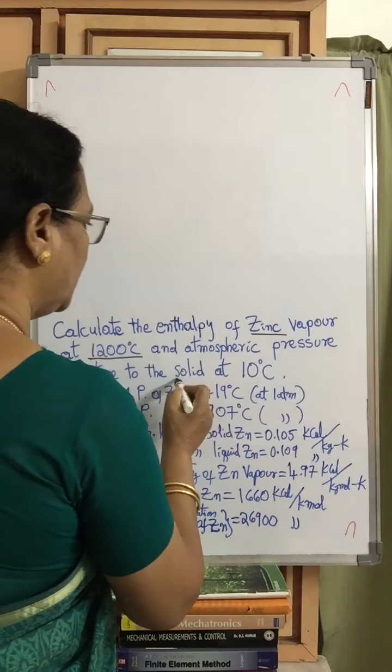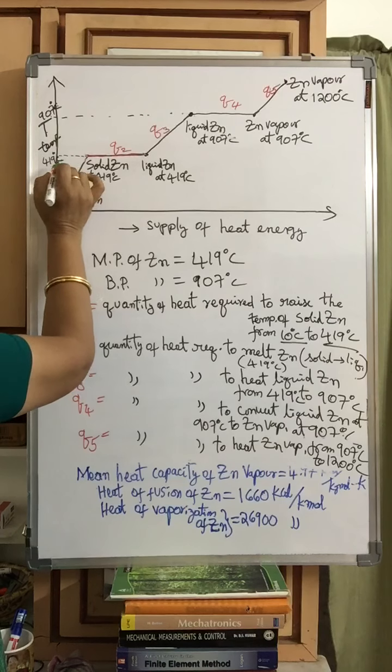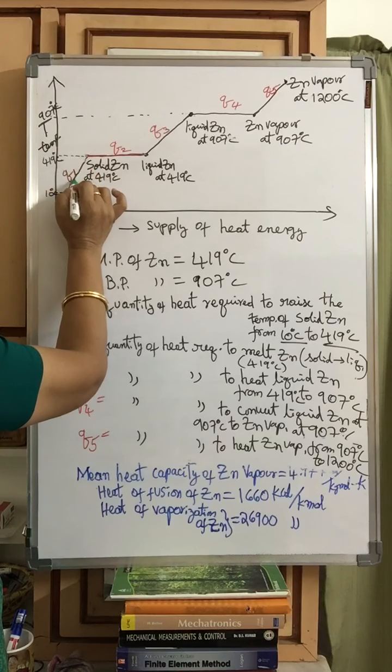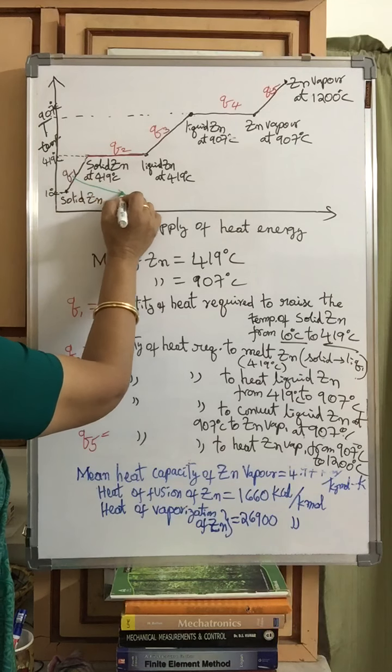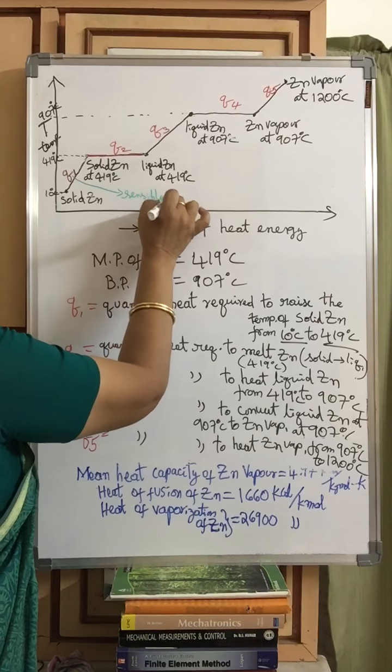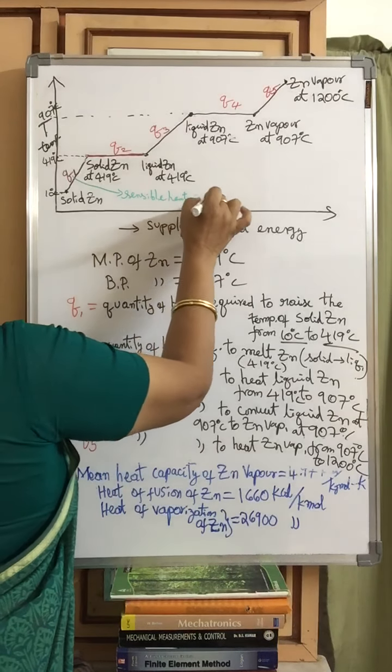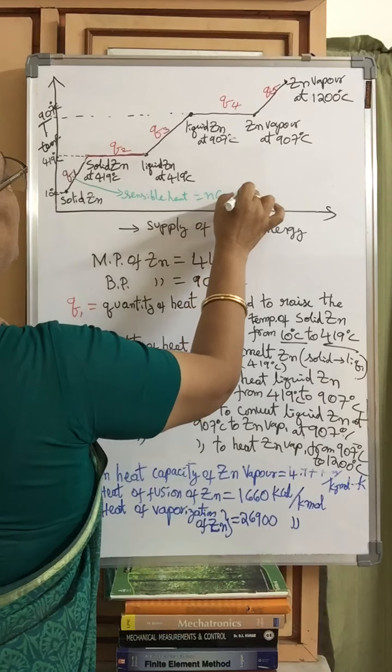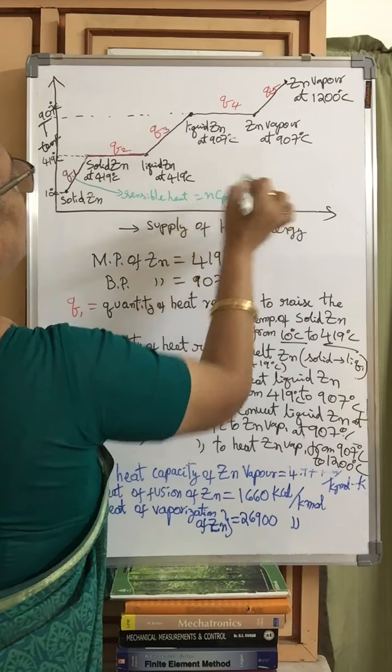So what is Q1 here? Because the temperature is rising here, it is a sensible heat calculation. This Q1 is sensible heat. You can calculate using n Cpm dT.